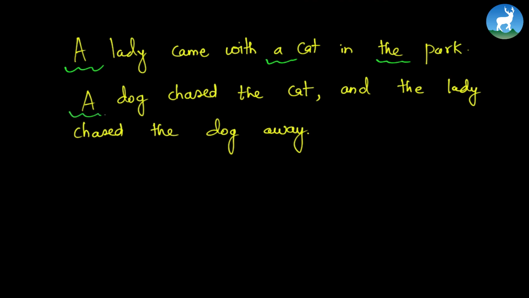A dog chased the cat. Now look how a cat became the cat. And the lady, now a lady became the lady, chased the dog away. Now a dog became the dog, right? So the whole point is, this is first mention. This is also first mention. I'm simply writing FM. It is not frequency modulation or something like that, right?